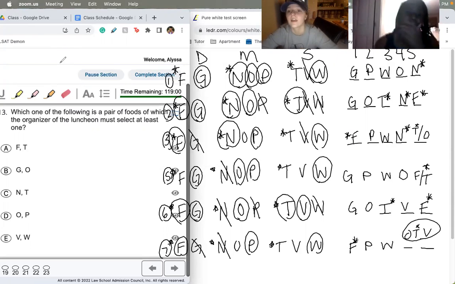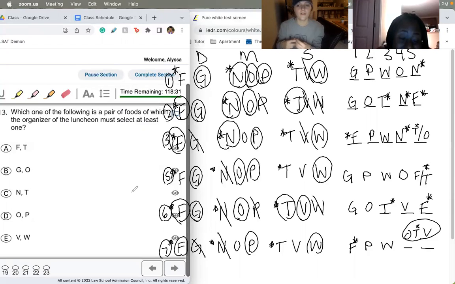That's basically saying which one of the answer choices, because if you look at our answer choices, they're pairs of foods. They're just trying to make it really wordy for you. So if we replace it with which one of the answer choices is that the organizer of the luncheon, basically us who's picking, must select at least one. Does that make it a little clearer? Okay.